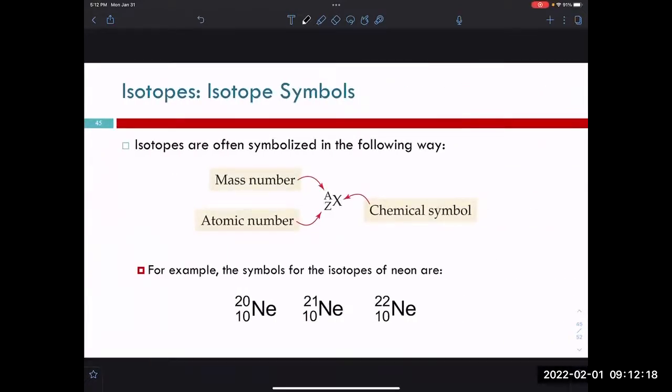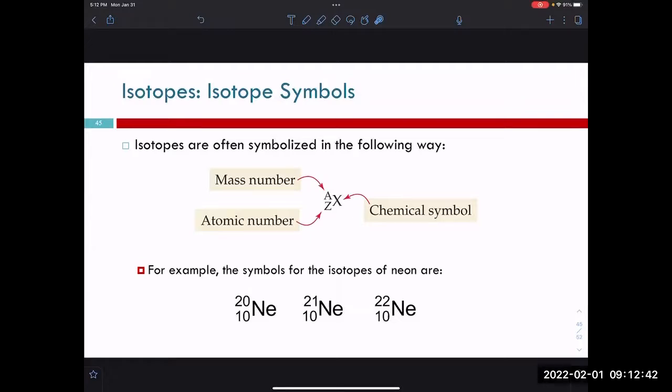So we saw the one way to write isotope symbols. This is the other one. You can write it with the chemical symbol represented by X here. And then as a superscript to the top left, we'll have the mass number. So that's the number of protons and neutrons. And then to the bottom left, we'll have the atomic number, which is Z, which we covered last week.